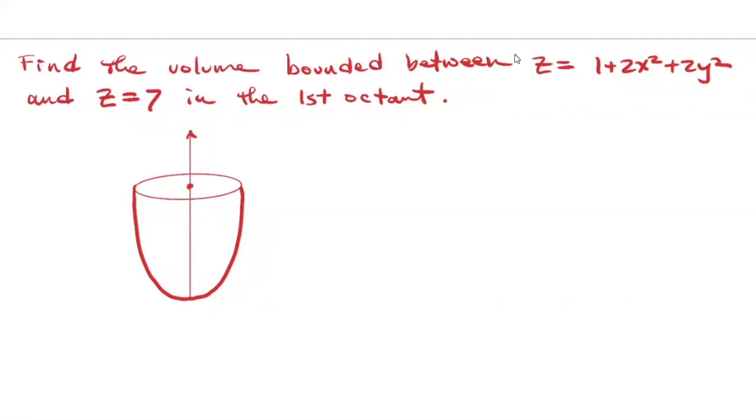You've got a lid on this where z is 7, so the top is z equals 7. But the bottom goes down to where z is 1. I'm going to put some dashed lines in here to make it look like they're hidden.